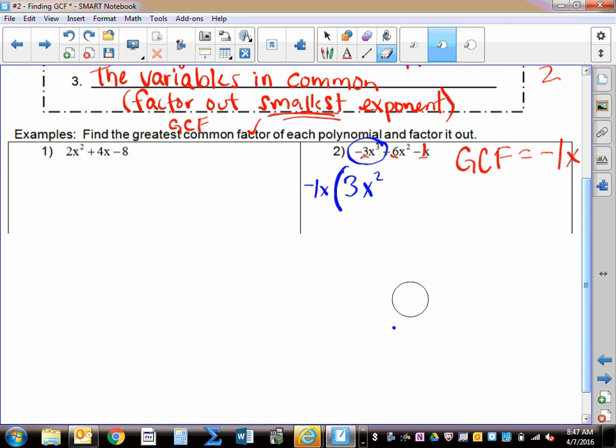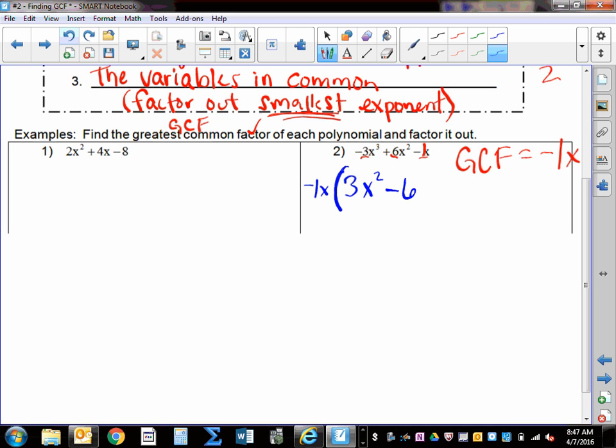So I've taken out a -1, I've taken out an x. Now we're going to do that with my next term, positive 6x squared. What is 6 divided by -1? -6. And x squared divided by x? Again, notice, I had x squared, I took 1 out, so there's only 1 left behind.